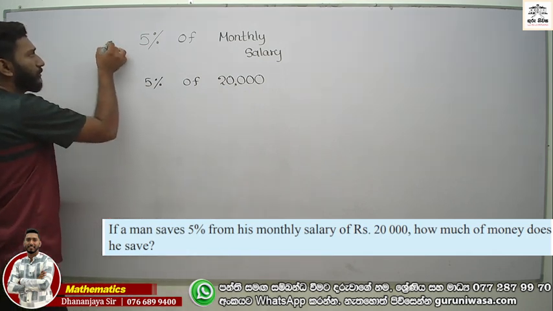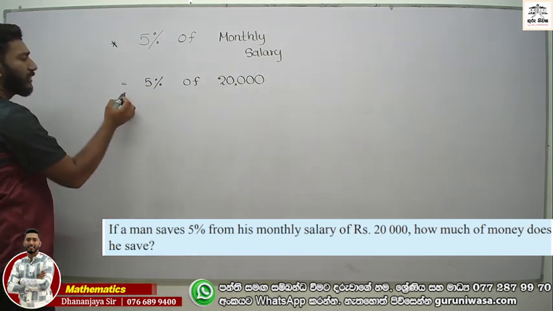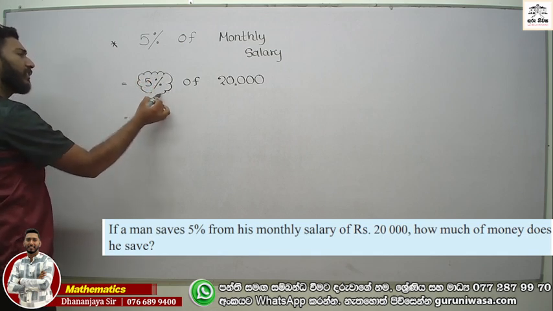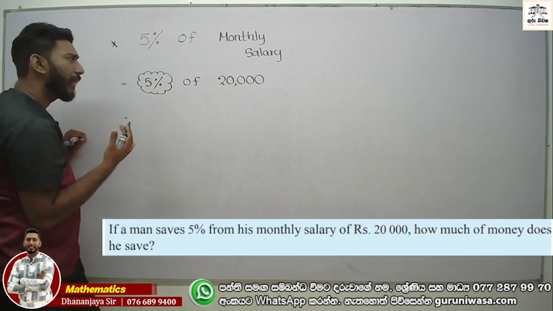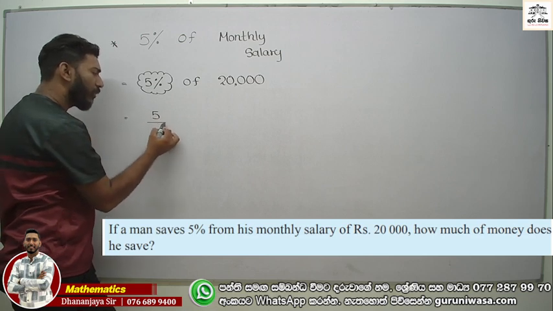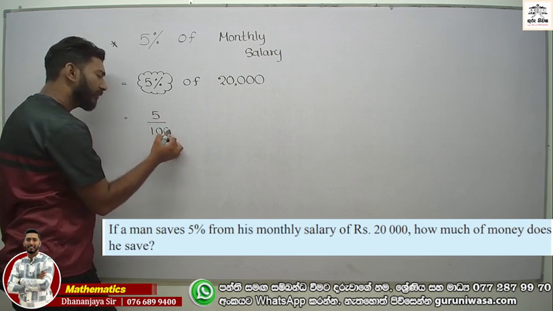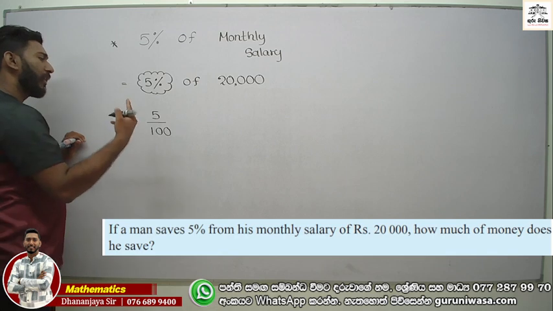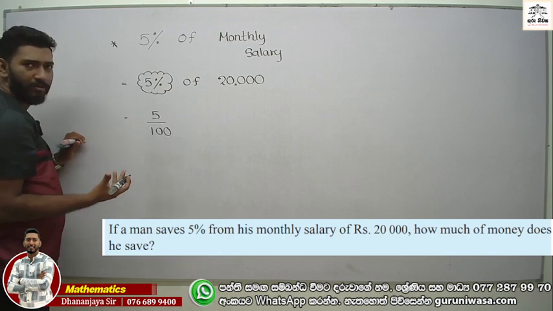Right. This is the method. Now you know 5% you can write as a fraction. 5% means 5 over 100. That is the meaning of the fraction.